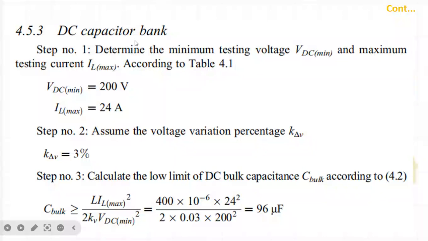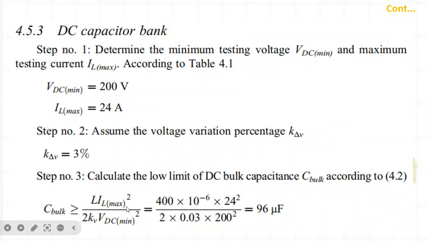Then the DC capacitor bank. How do we determine it? Two capacitances are there. We know the formula for calculating C bulk. I have told you what values to take for this: keep in mind that we take VDC minimum and IL maximum. I have assumed the percentage variation as 3% and put in the value.